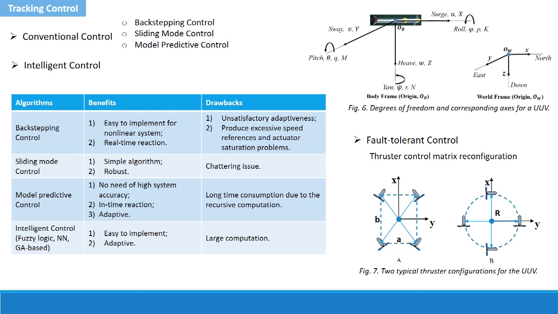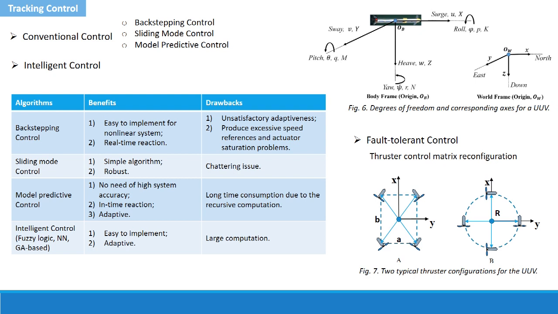So the thrusters can retune the forces among them when encountering damage with different levels of power loss, and finally sustain the UUV along the designed trajectory.